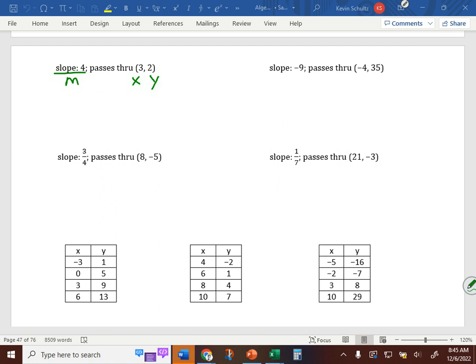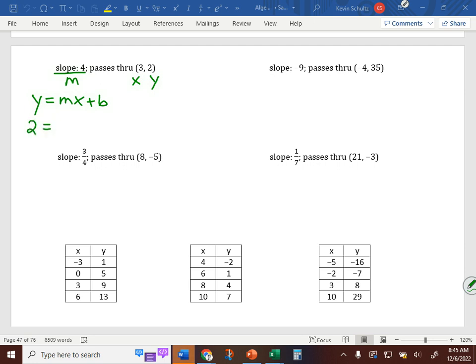Remember on the front page where we said in slope-intercept form, y and x represent the y and x value of any ordered pair on the line? If we're told (3, 2) is on the line, that means that in slope-intercept form, we don't know what b is, but we do have a value for y. What is it? 2.